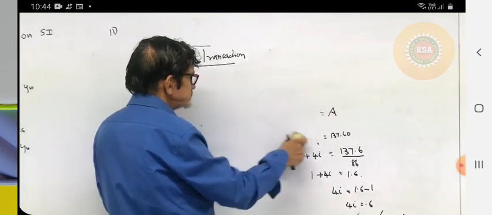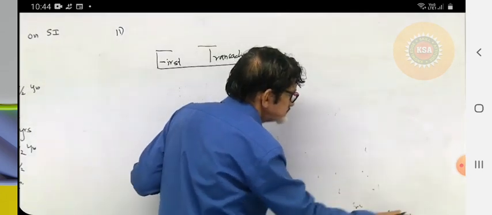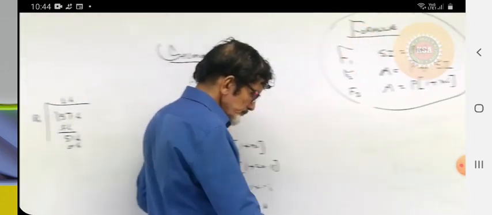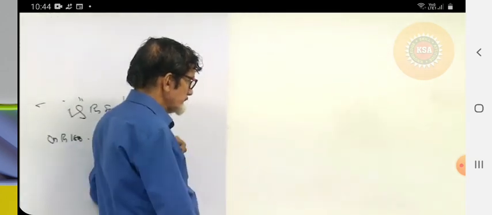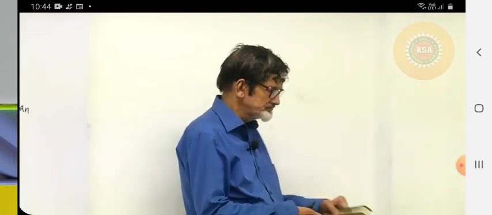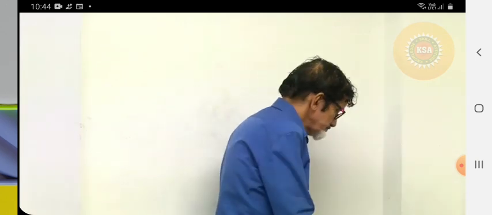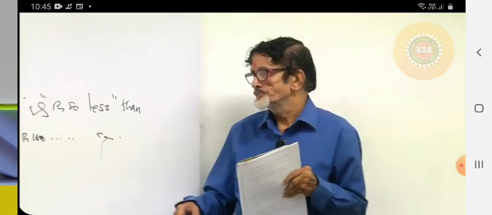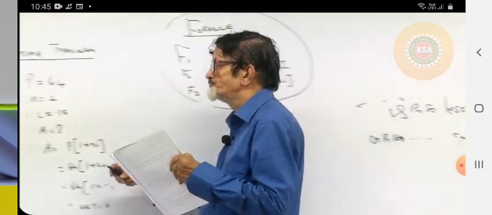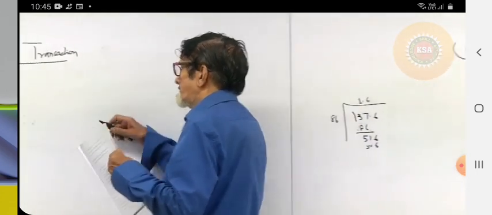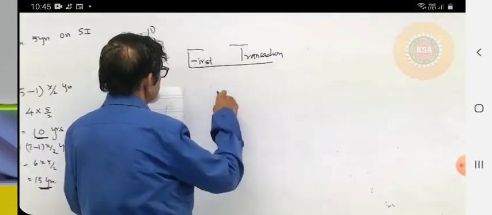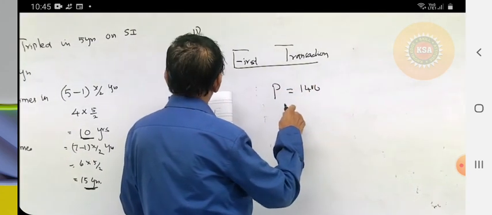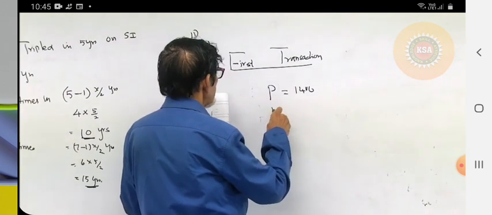First transaction. Heading. P, principal 1400 at a certain rate of interest for 3 years.